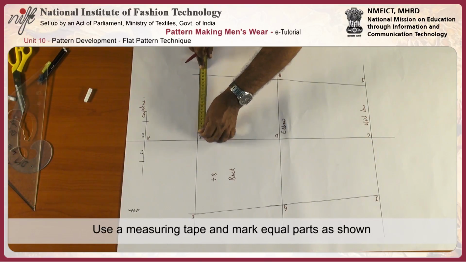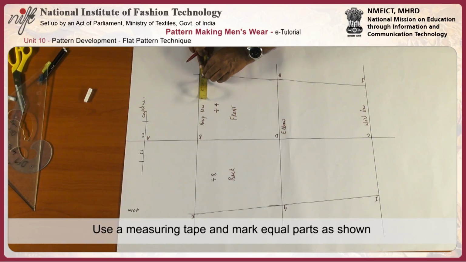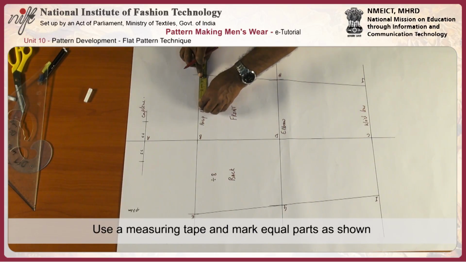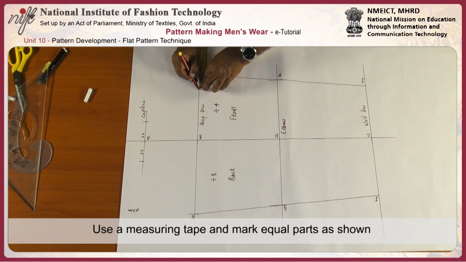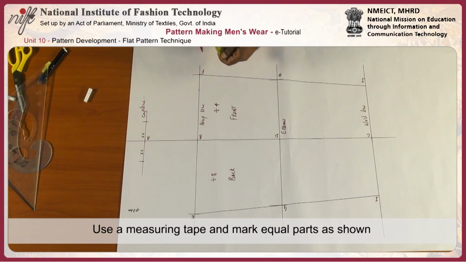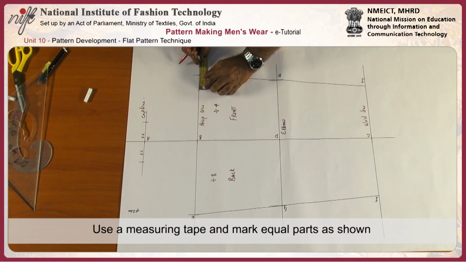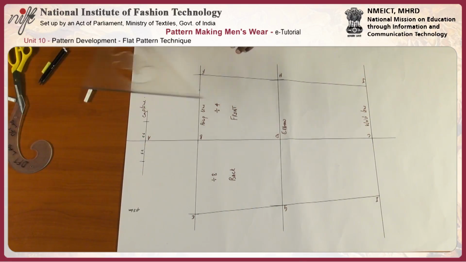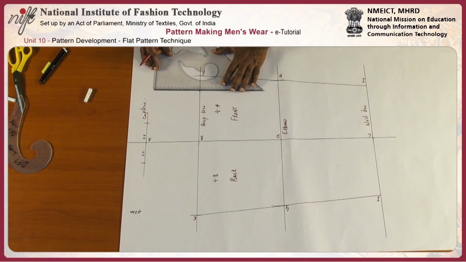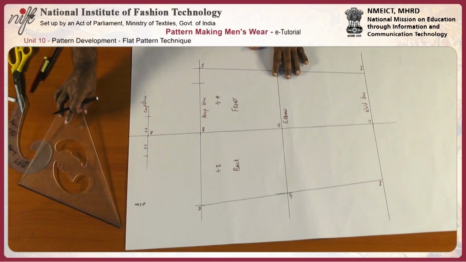This can be divided, or with the help of measuring tape you can have 4 equal parts, which is 4.6 centimeter on this side, and half of that will be on the other side.